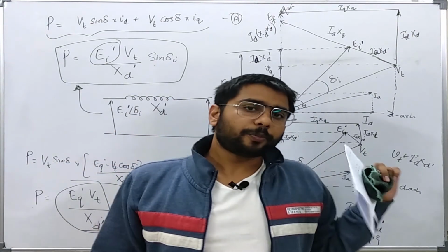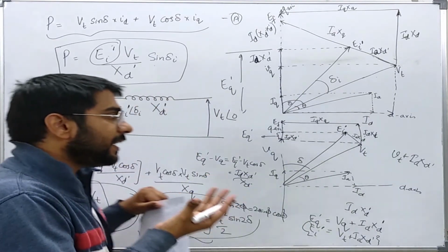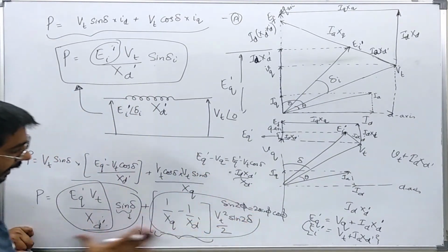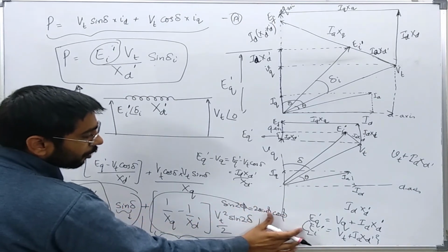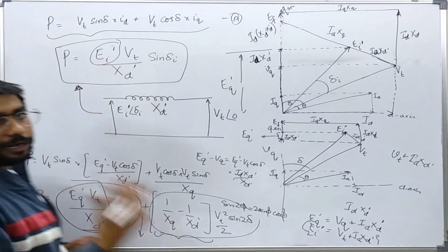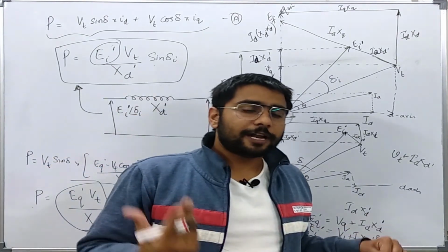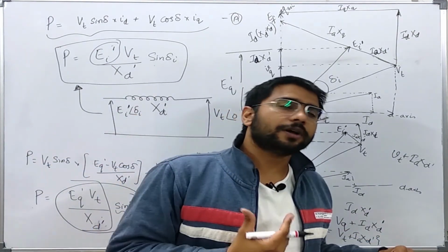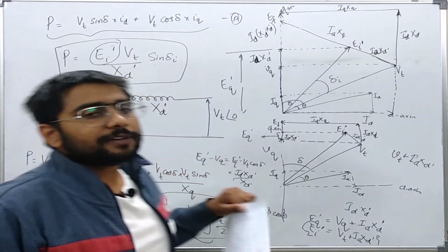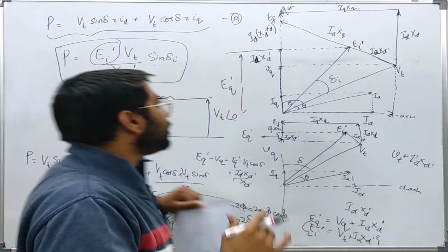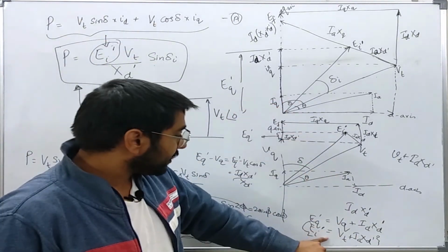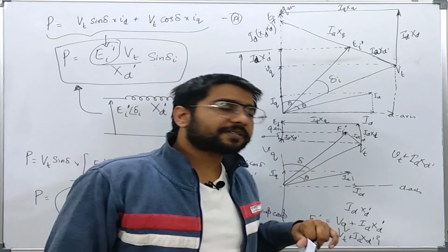So from the power point of view, what I am seeing here is that if I take this approximation instead of using the full equation, then my power value will not change by very much. So my calculation or my model will still be okay if I use EI dash instead of EQ dash, which we have derived in the previous slide.